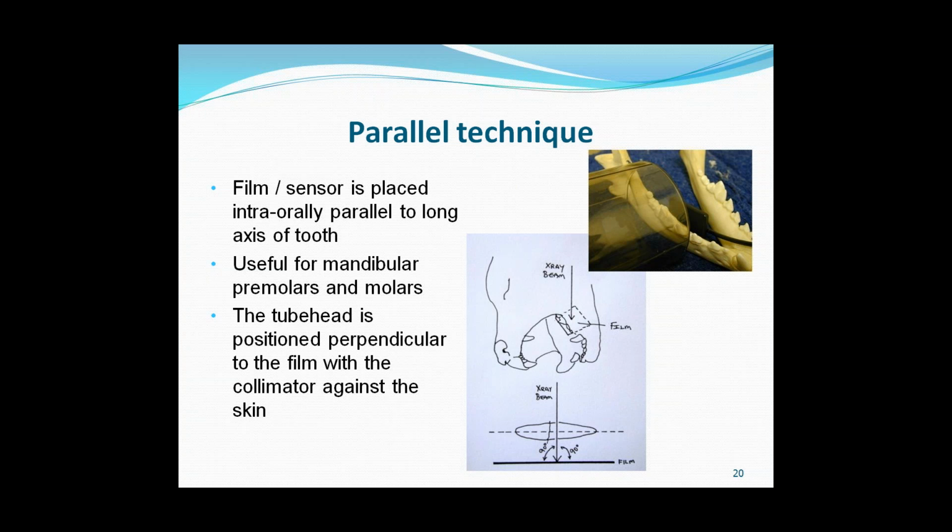Now, the problem with this in veterinary dentistry is that we can only really put the sensor or the film parallel to the tooth between the tongue and the mandible. So from about the second premolar to the last molar tooth in the dog, and both premolars and molar in the cat, this is the only position where you can really use a parallel technique.